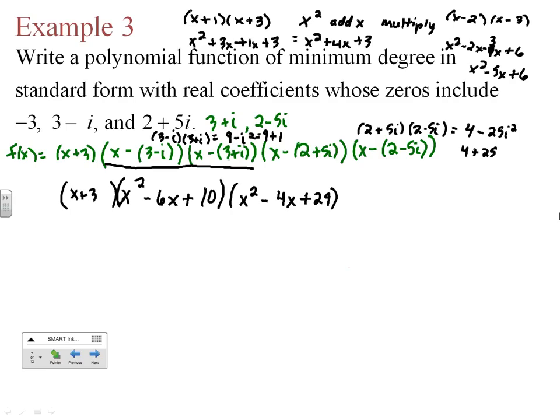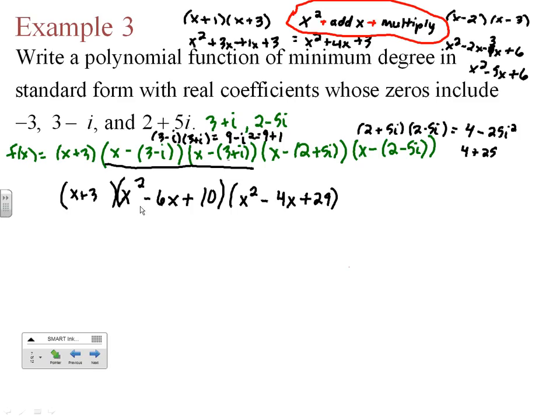Now, this is still a long problem to finish, but that's a lot easier than if I had tried to distribute all of this. Okay, so this right here is our rule up at the top, that I do x squared first, then I put what it is if I add them together, what it is if I multiply them together.